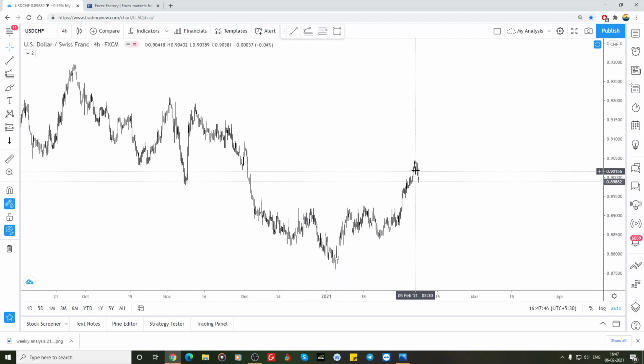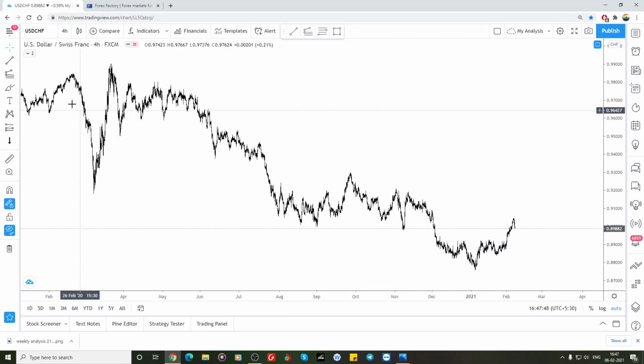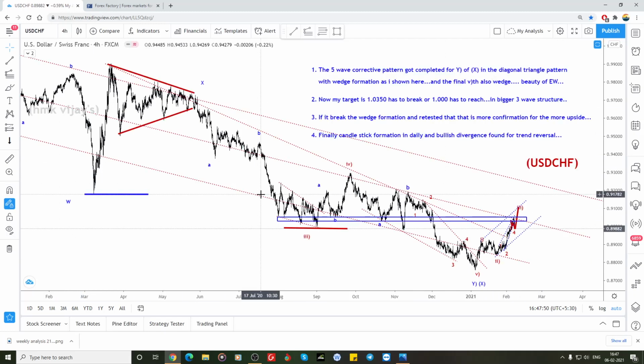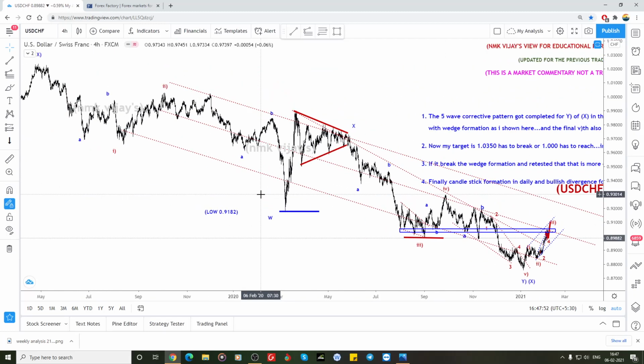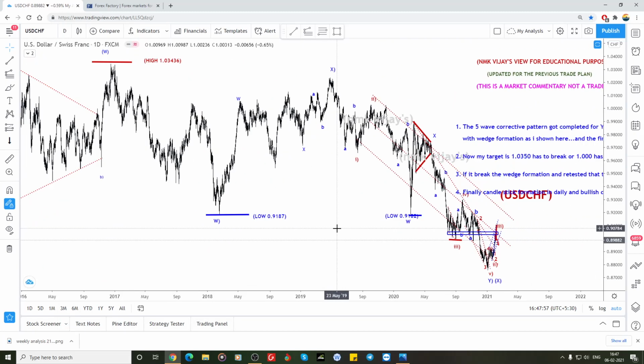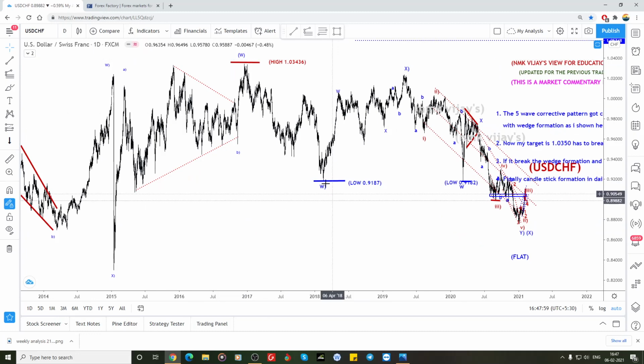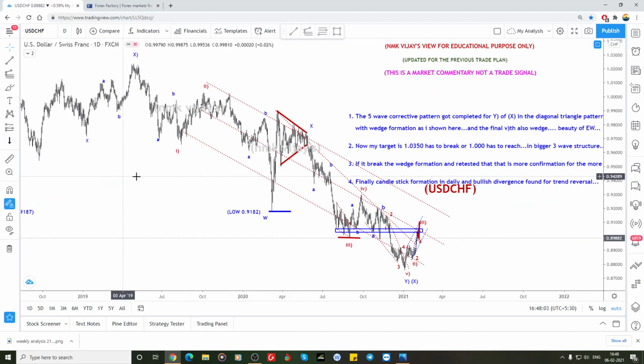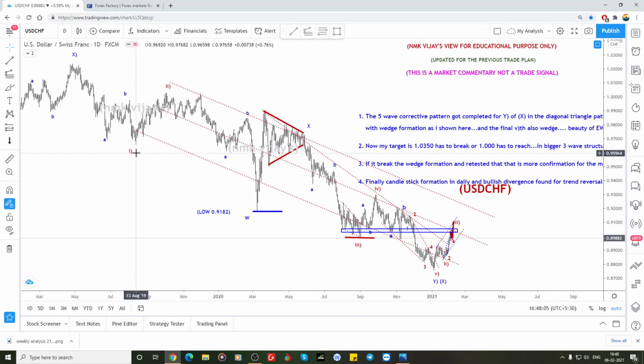So this could be A, B, C, and further downside, as of now, I'm not looking for that, because it is a reversal for me. This is a W, this is an X, and Y is in a diagonal triangle pattern. So A, B, C as a 1, A, B, C as a 2, and here is A, B, C. The third wave has got extended, so I placed it as a W, and X is a triangle, A, B, C. So this is the end of the third.